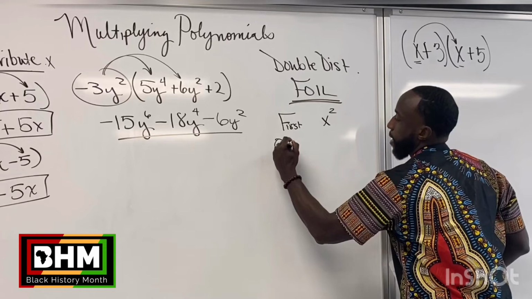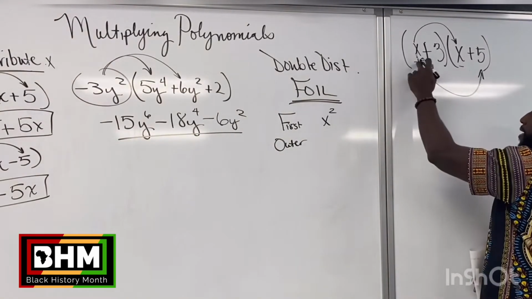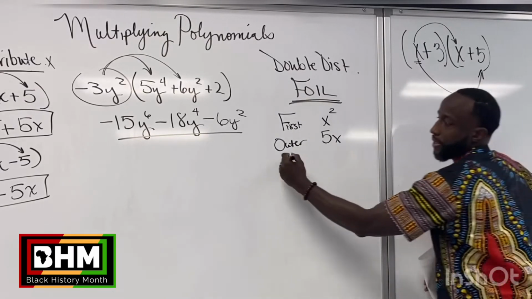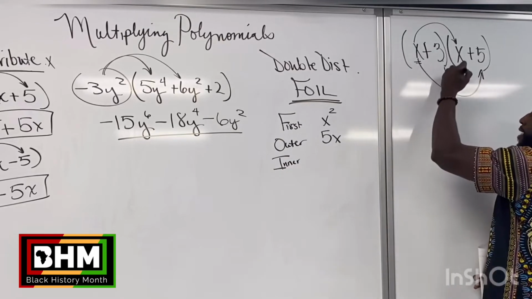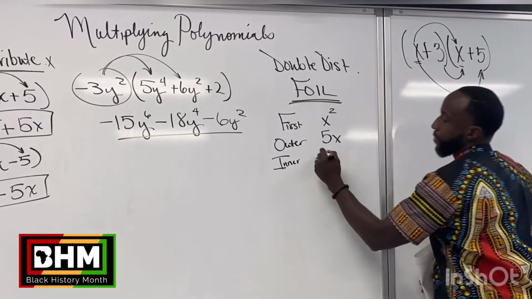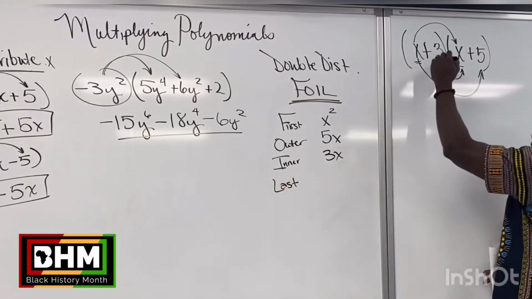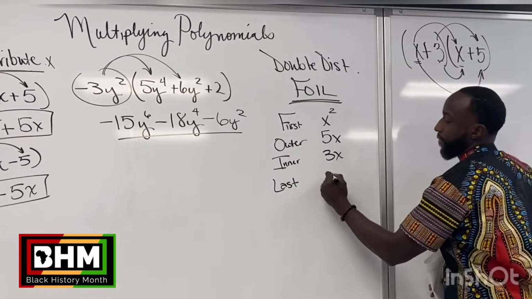O means the outer terms: outer times outer, so that's x times 5, which is 5x. I represents the inner terms: 3 times x, which is 3x. And L represents the last terms: 3 times 5, which is 15.